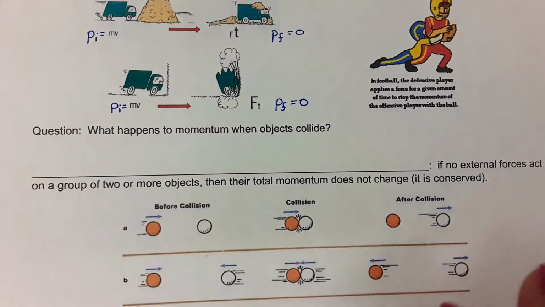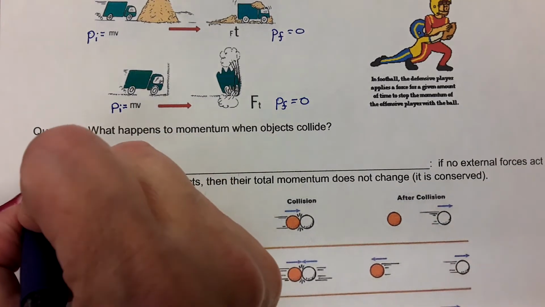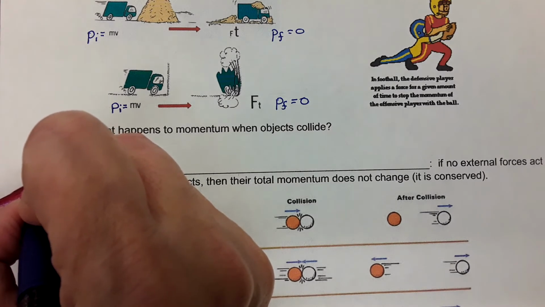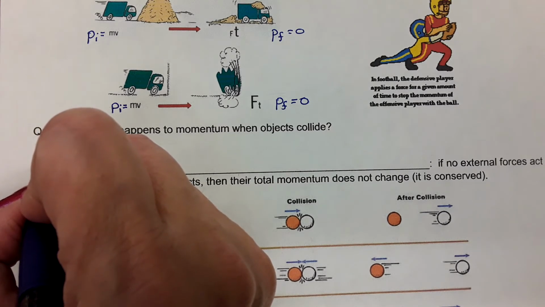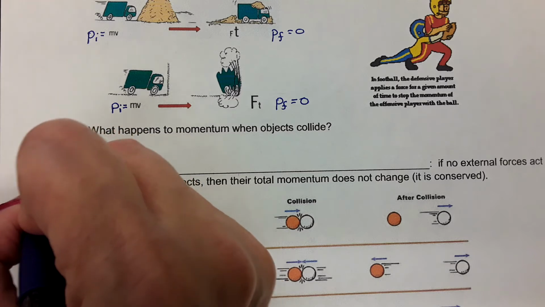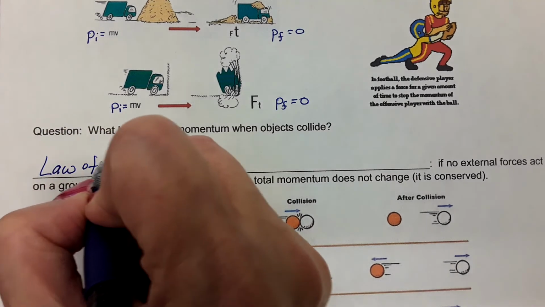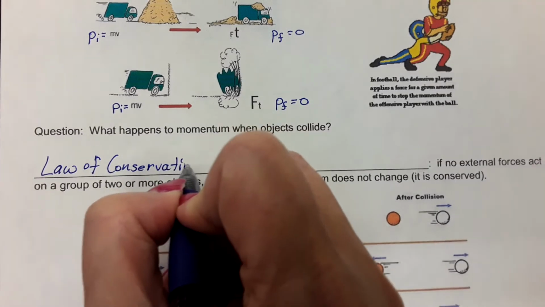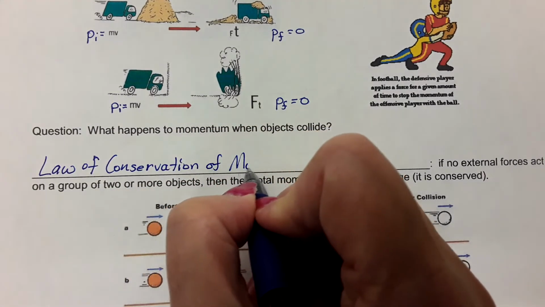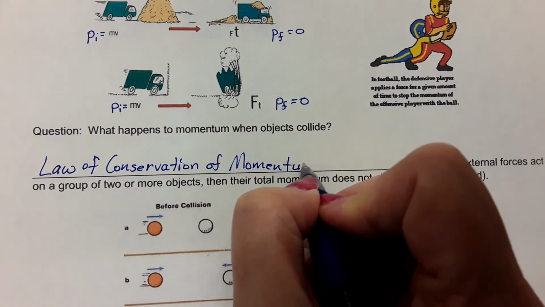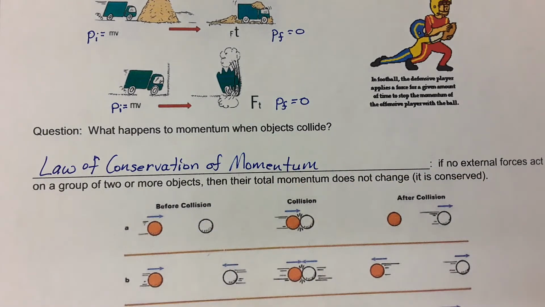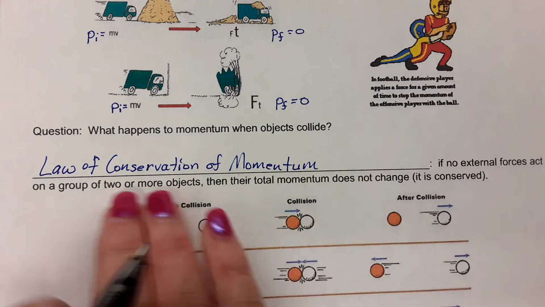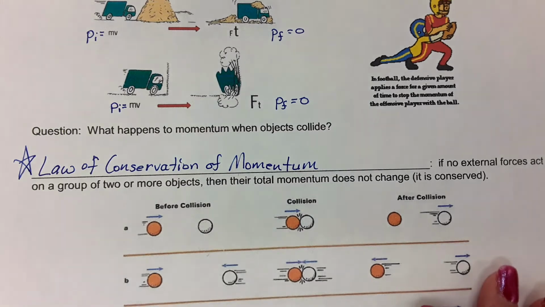Well, when a collision takes place, we have to understand that momentum must follow a certain major rule of physics, and that is the law of conservation of momentum. Momentum must obey this law. It's one of the most important laws in physics.